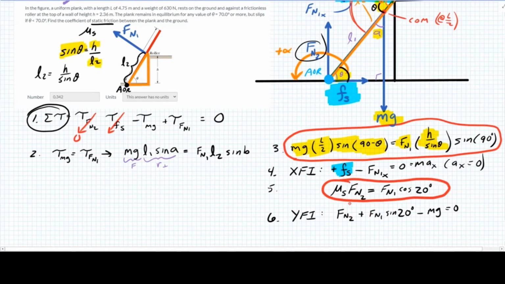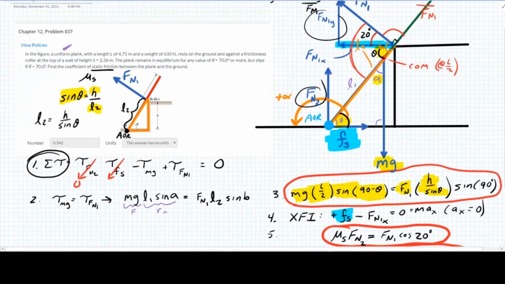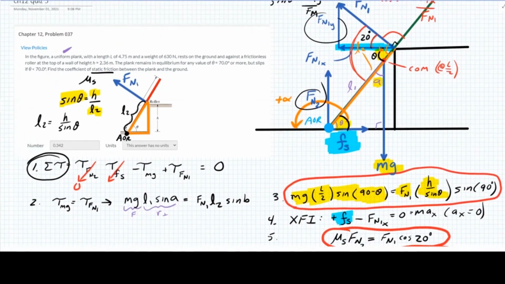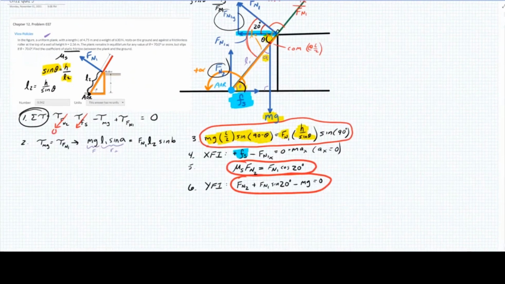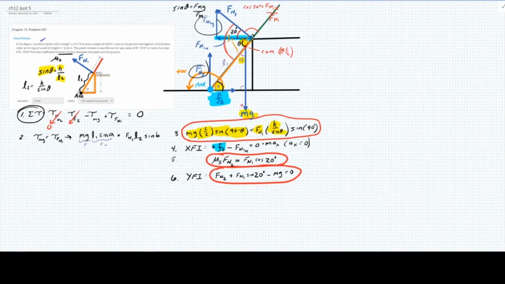This is the result of my Y force inventory. Okay, and I just want to check that before. Okay. Mu sub s Fn2, F sub s equals Fn1. Okay.